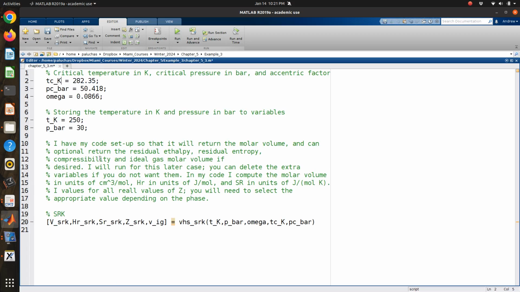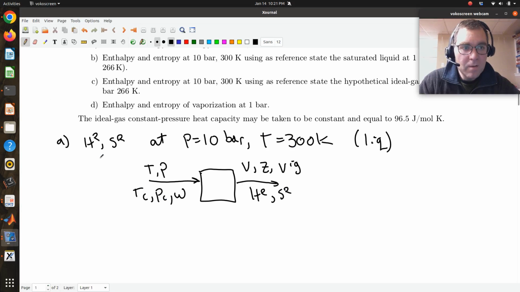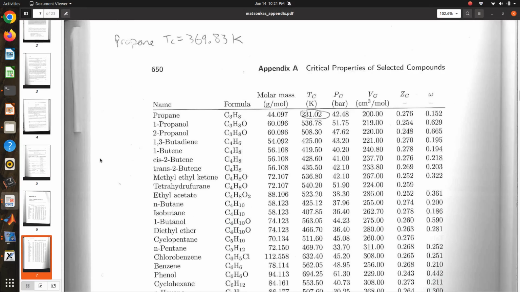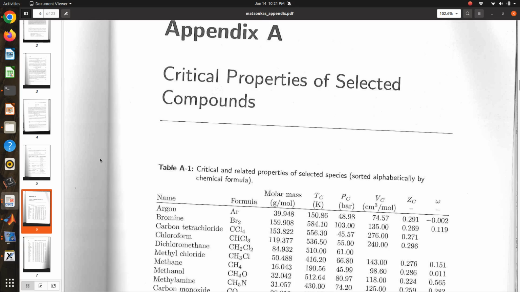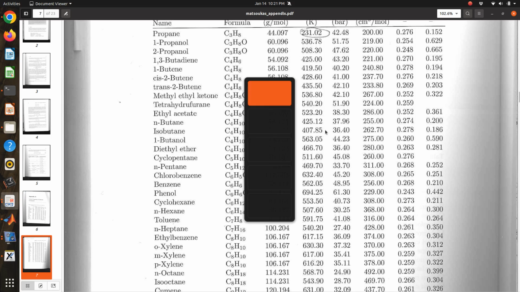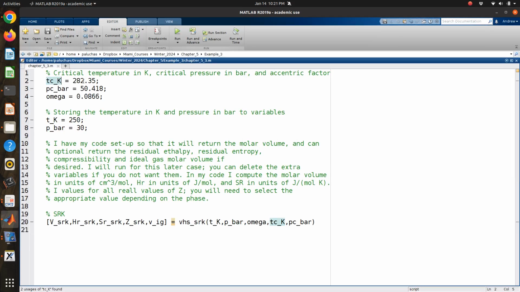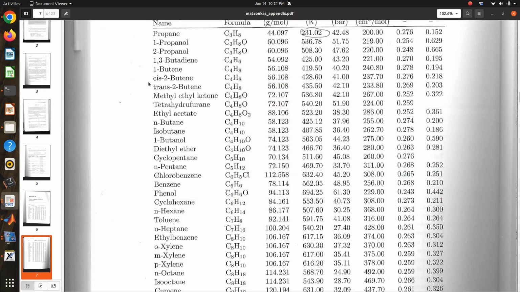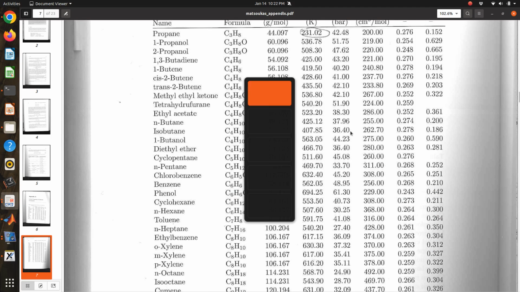All right, so for my black box, I need Tc, Pc, and omega. To get those, I'm going to head over to Appendix A, and look at isobutane, because we had isobutane for the last problem, problem 2. Tc is 407.85. Pc is 36.40.